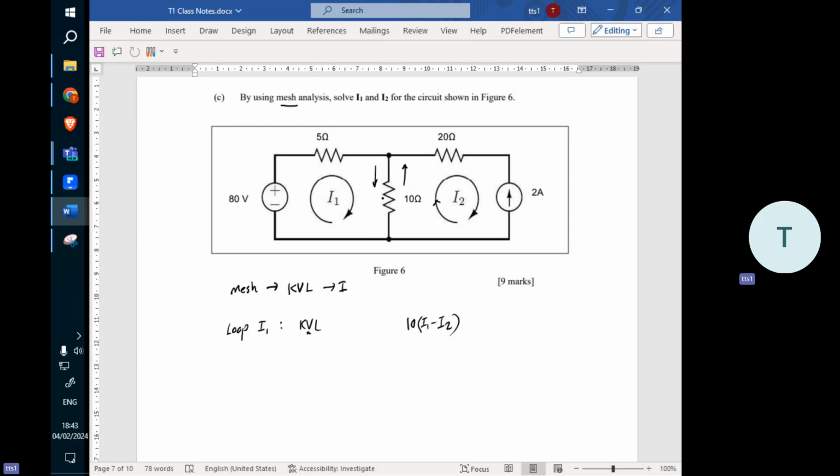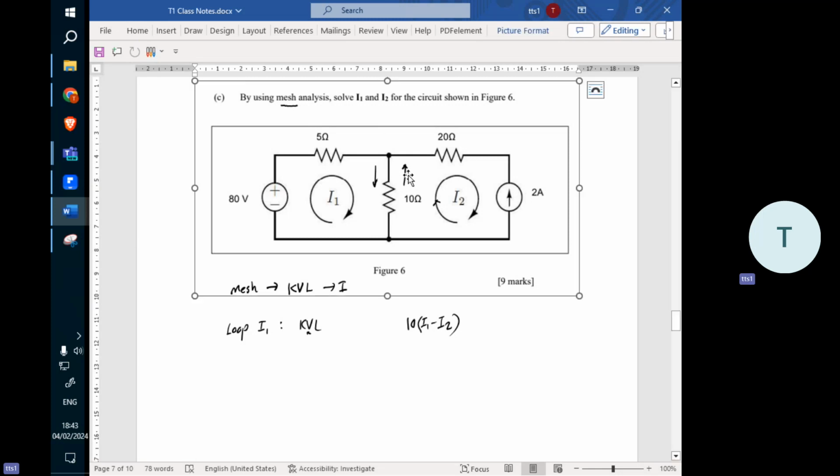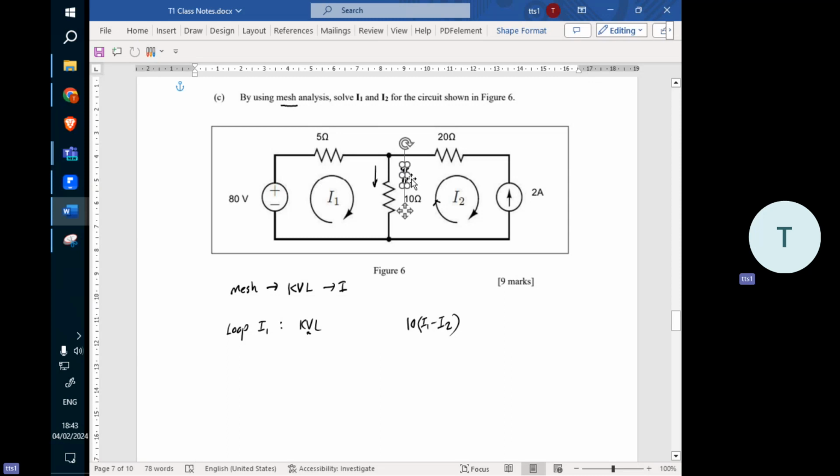I1 is going down, I2 is going up, that's why I2 is negative. You sum all the voltages equal to 0. So this will be your first equation, consisting of I1 and I2.